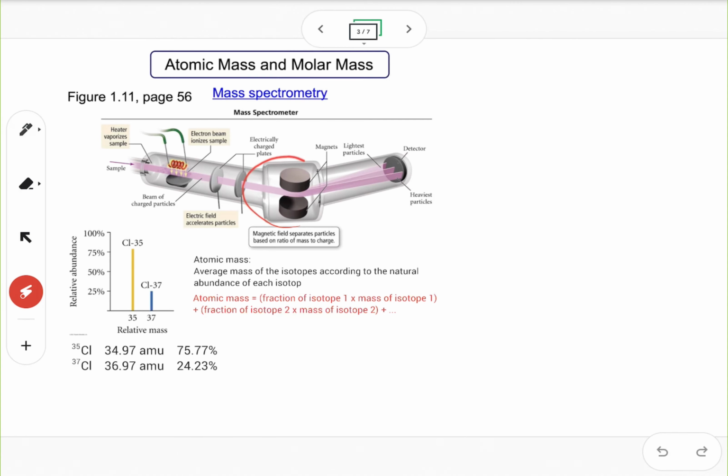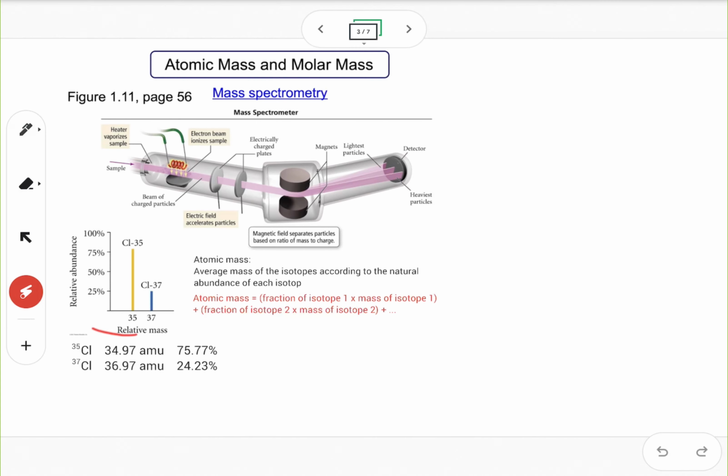Once they get into this part, which is a pair of very strong magnets, the charged particles from different isotopes will fly into different directions, and then they will arrive at the detector on a different path. Once they arrive at the detector, the computer will do the calculation for you to identify the natural abundance.